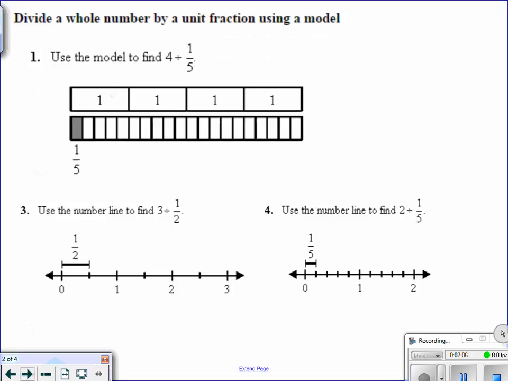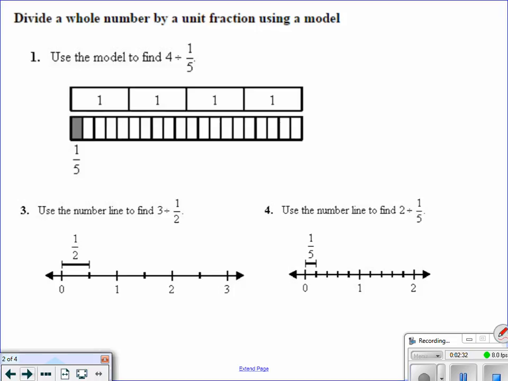All right, moving on. Now we're going to switch it where we put the whole number in front and the fraction as the second one. If you look at the models here, it's trying to show you how this works. In this model, we've got 4 wholes here. That's why you have the 4 ones. We're dividing by 1/5.